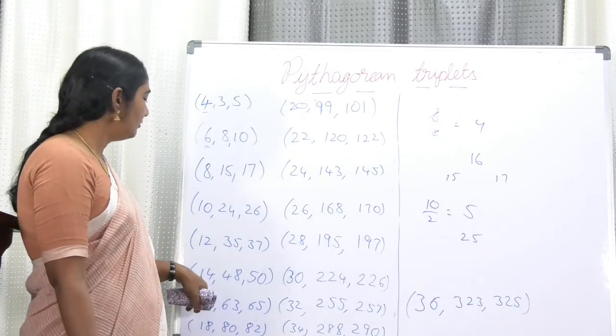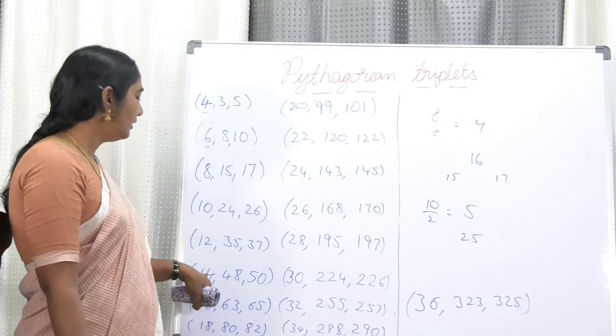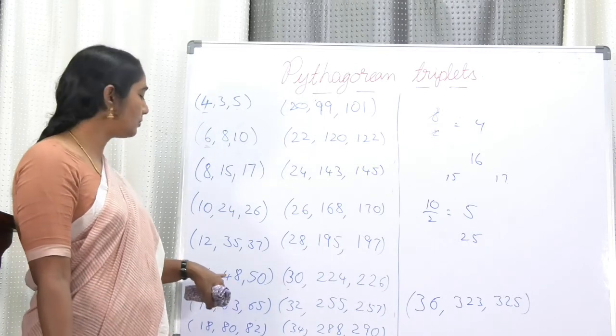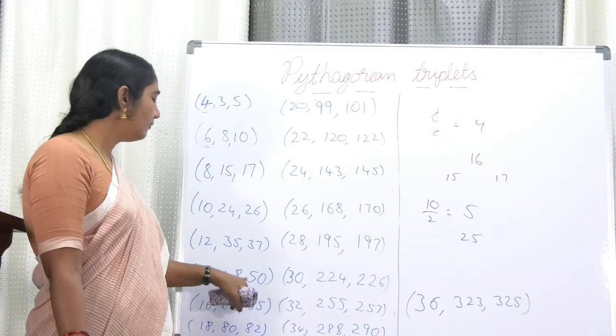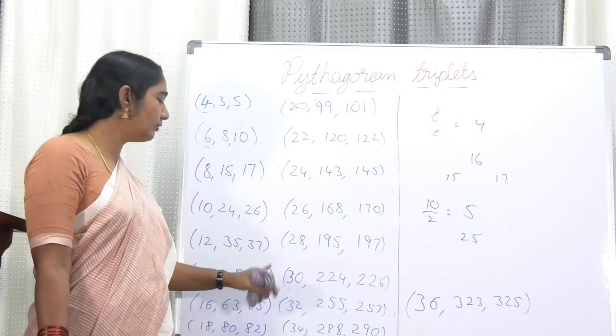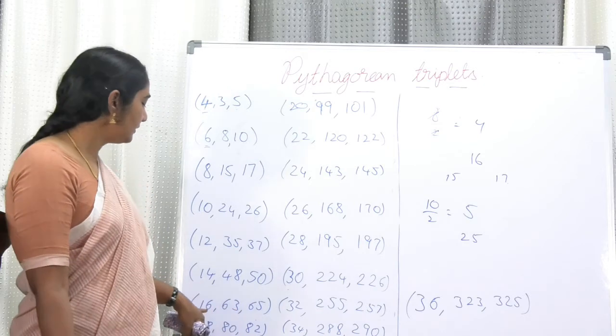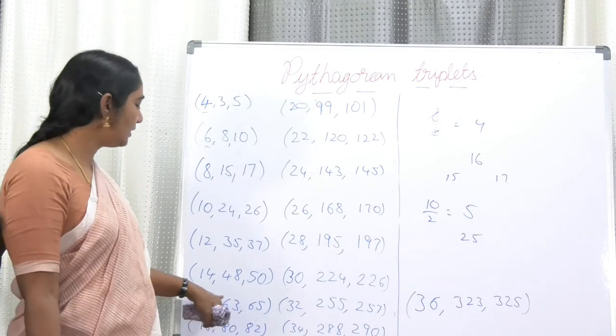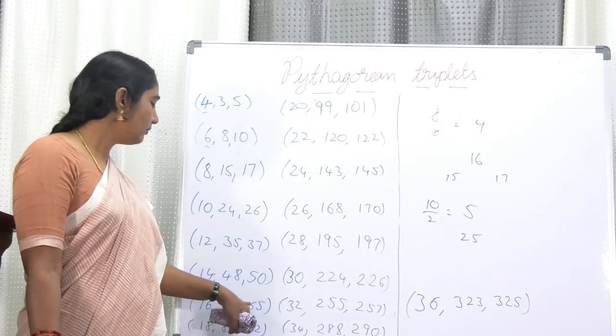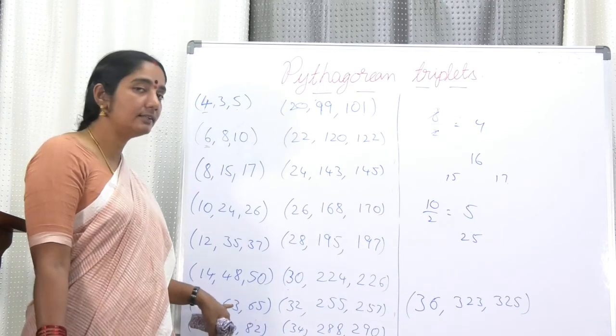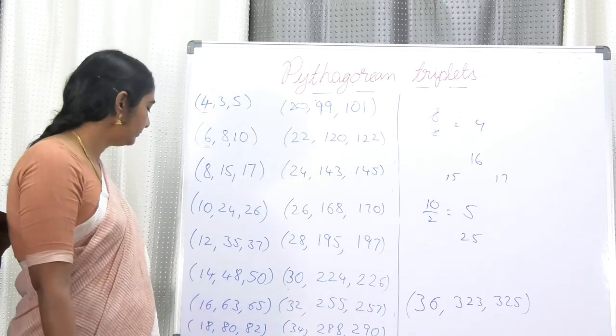In the same way, 14 divided by 2 is 7. 7 square is 49. One number this side is 48 and 50. So 16 divided by 2 is 8. 8 square is 64. So one number this side and one number that side, that is 63 and 65.